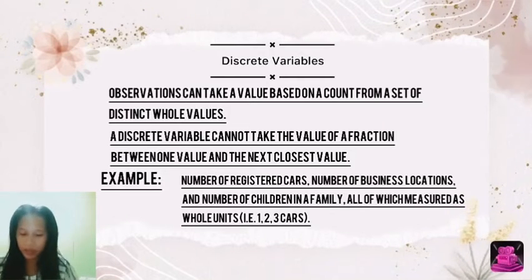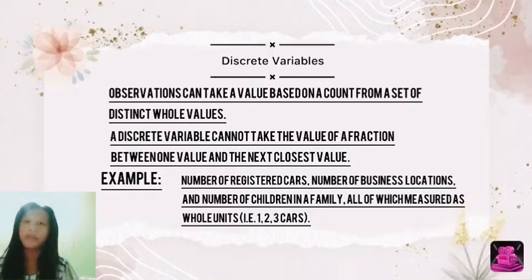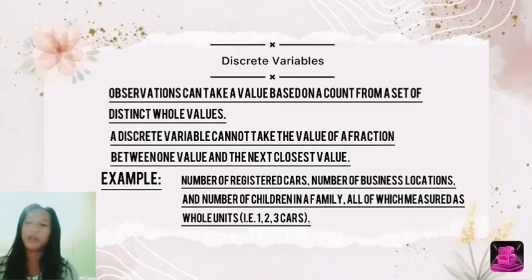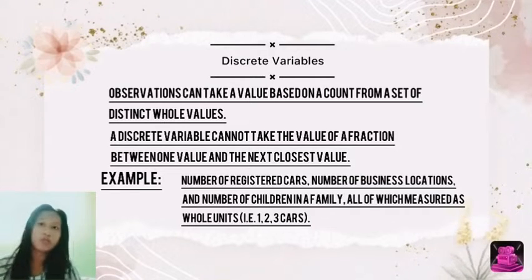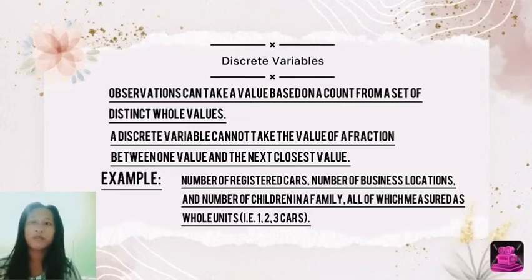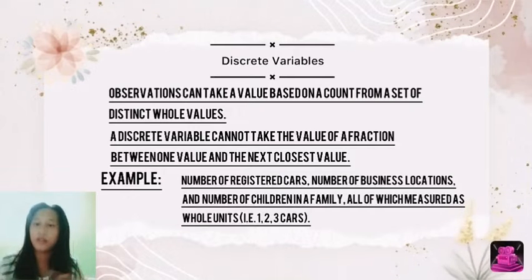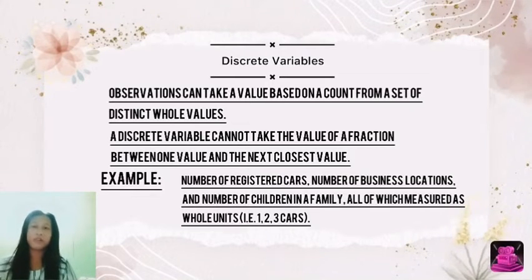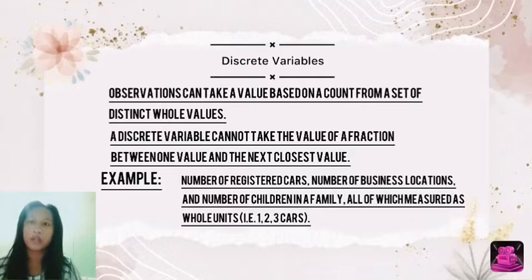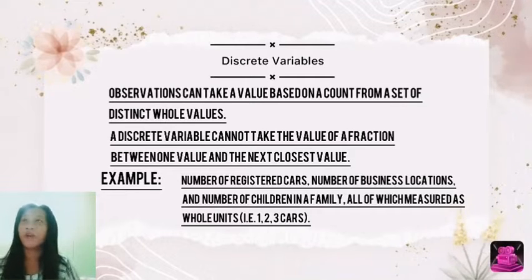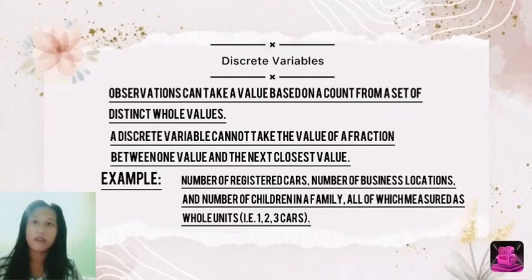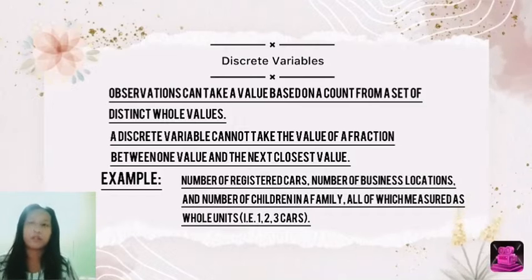So if continuous variables keep going, discrete variables do not, but are a whole unit, like the number of children in a family. It is a whole unit. So it's not continuous. It is a whole unit.